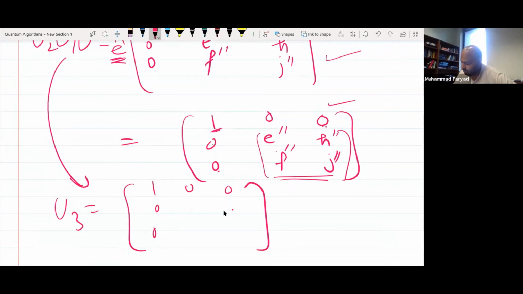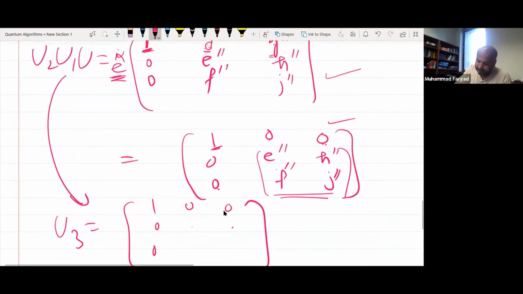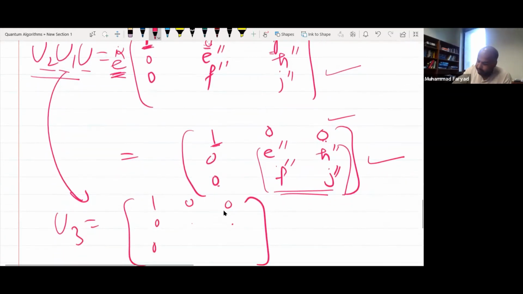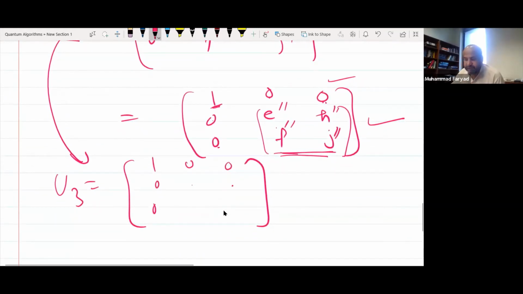Okay, and actually we don't even need to do that. We can find its inverse very quickly, because these u1, u2 are all unitaries. So this is a unitary, and for this to be unitary, this part already is a unitary matrix.